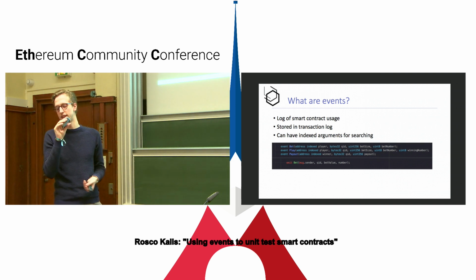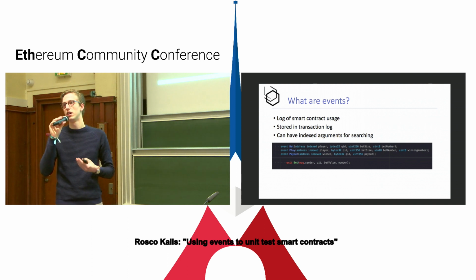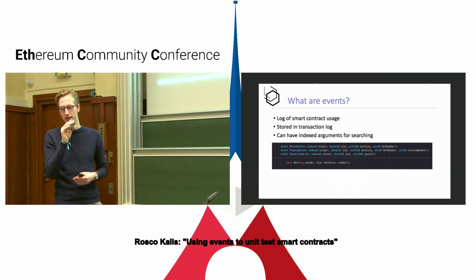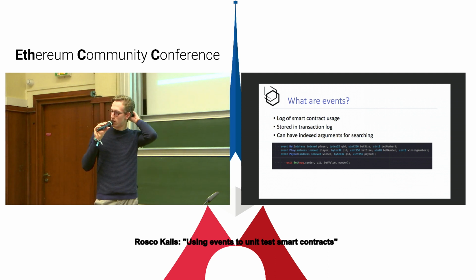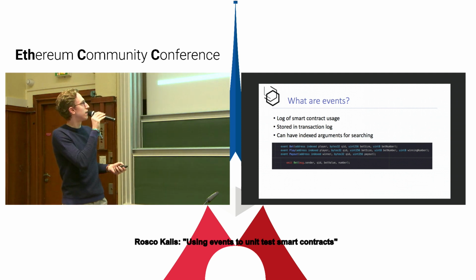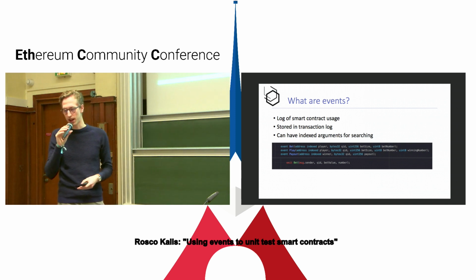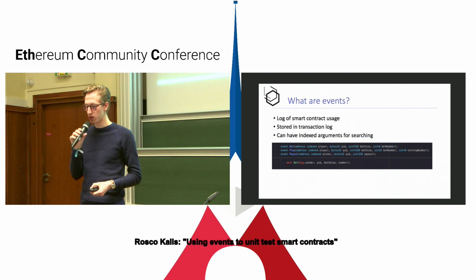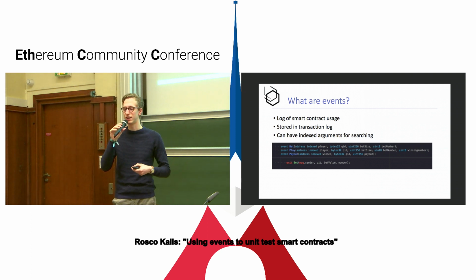What that means is that they are not accessible to other contracts on the blockchain, but they can be used very well as a way to communicate between your smart contracts and some off-chain application that you're running. Events have some arguments that you can use, and they also have the option to have indexed arguments, so that they can easily be searched for in your off-chain application.